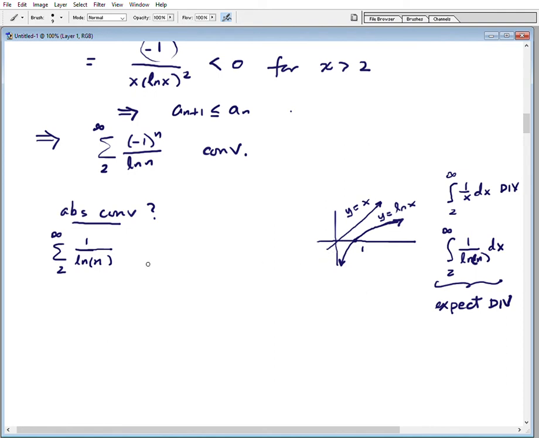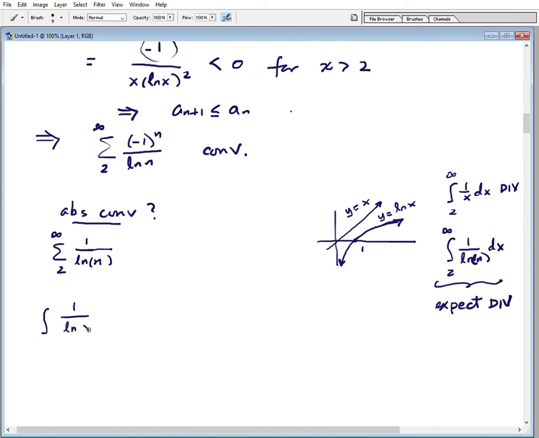Now the problem for absolute convergence is, how do we show that this diverges? It's hard to do an integral test because we don't know how to integrate 1 over ln n.